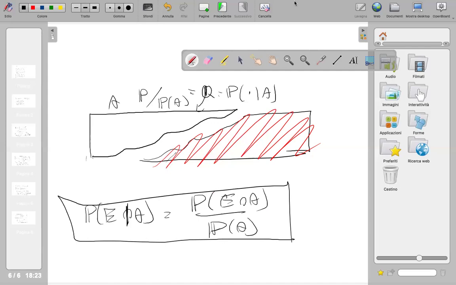So, the exercise number 3 of the file that I have sent you.